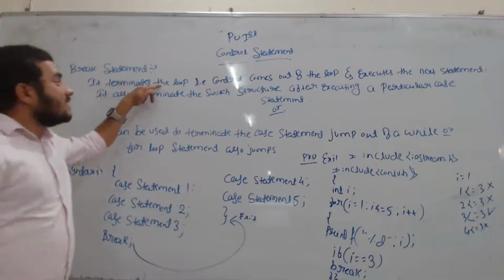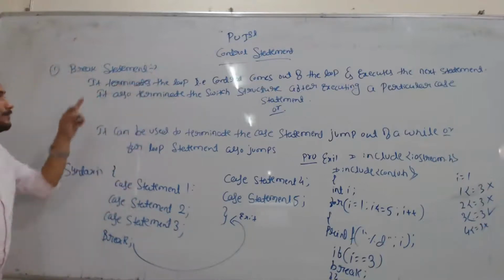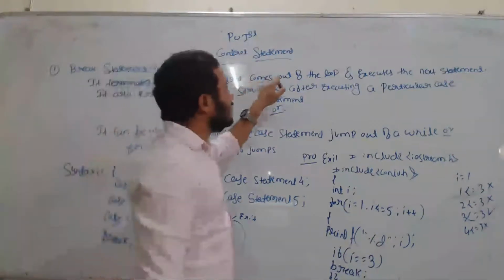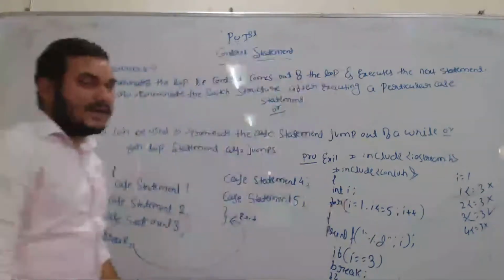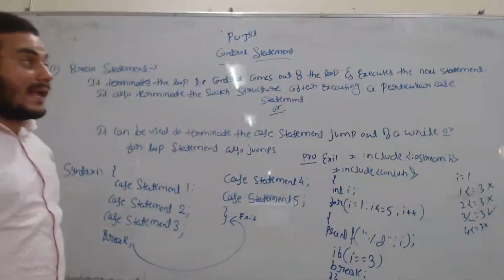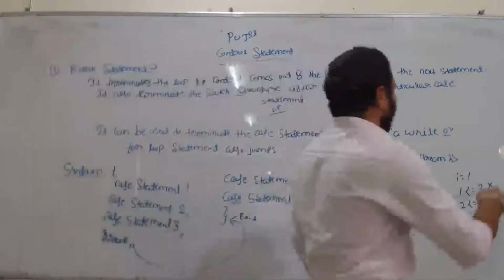Break statement: it terminates the loop, that is, control comes out of the loop and executes the next statement.